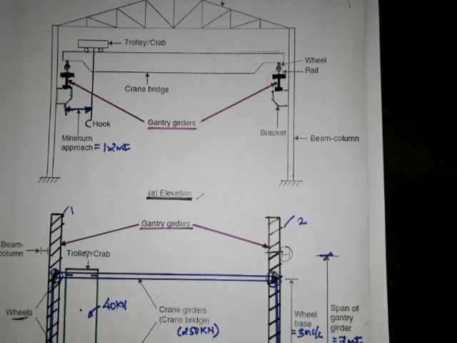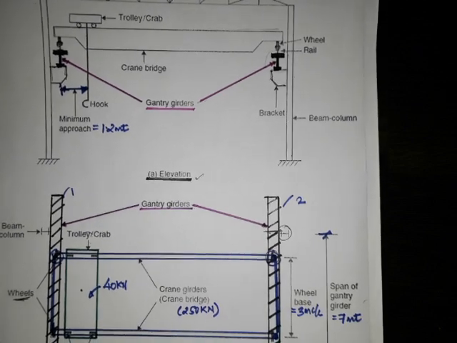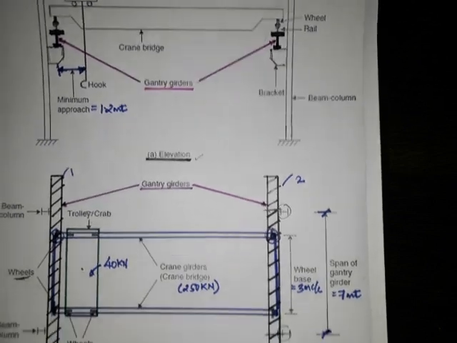And the load will be supported through hook or crab, which will be loaded over trolley, and that trolley will be moving over crane girder.